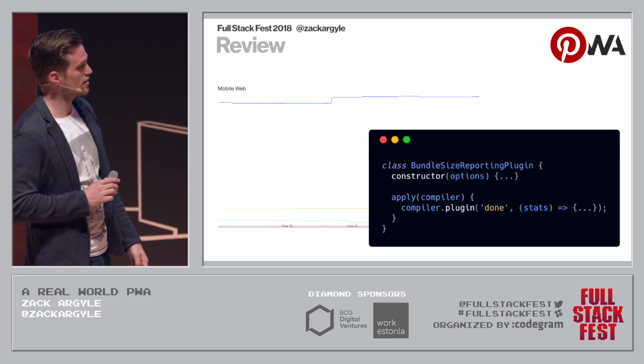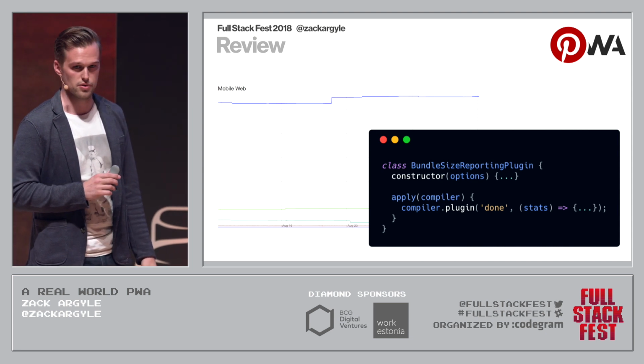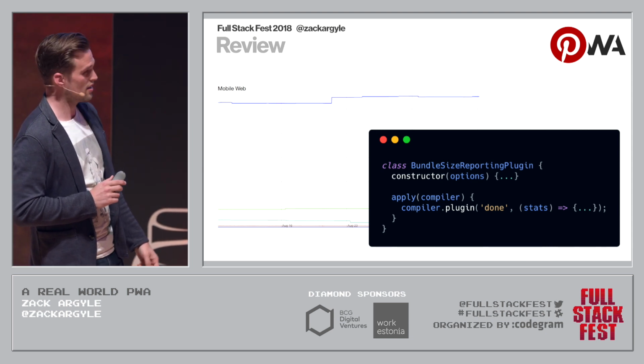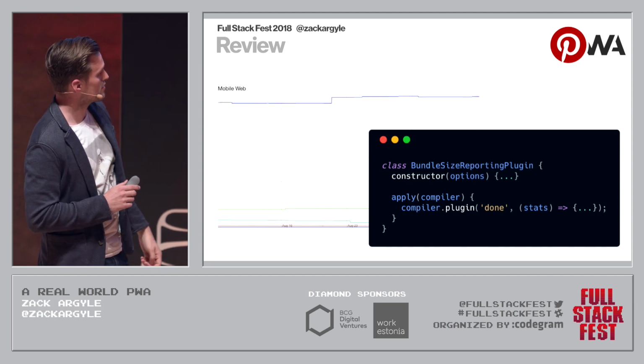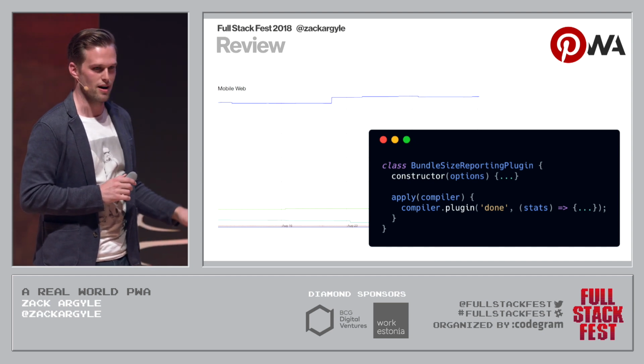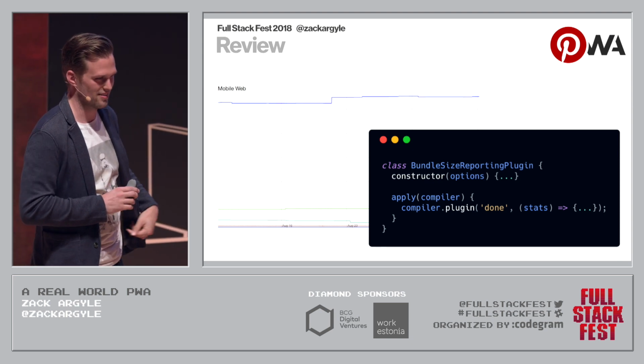Also, we have stats for all of our bundles. This is our mobile web bundles here. You can see that there was a slight regression just a couple weeks ago. We actually knew about that one, so when it told us, we were okay with it. It's temporary. It's an experiment.